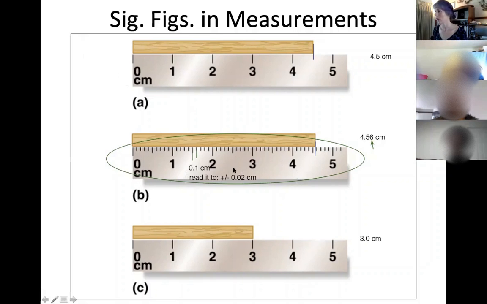Let me align that. We always have to line up our decimal place. Oh, 0.2. That should be a 1. Oh, darn it. Well, I can't fix my text, but it should be plus or minus 0.01. So that's what tells us how many digits to write in the answer.